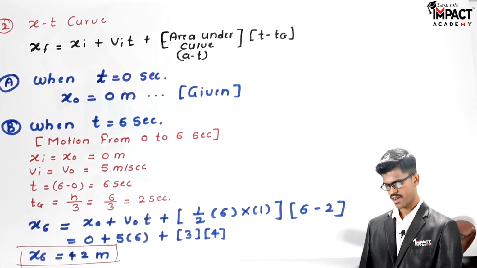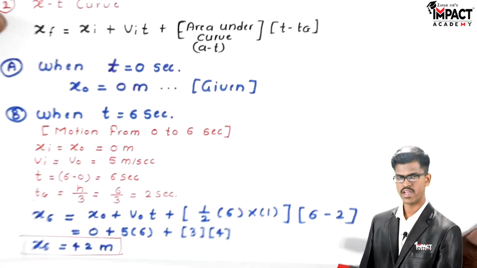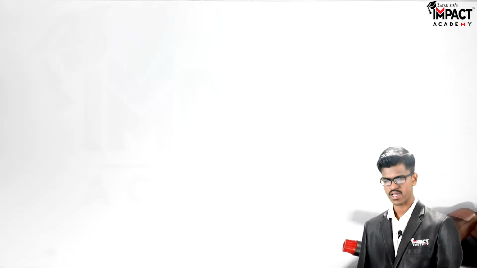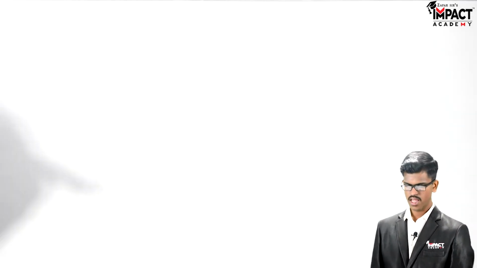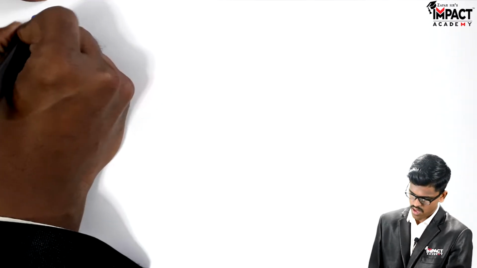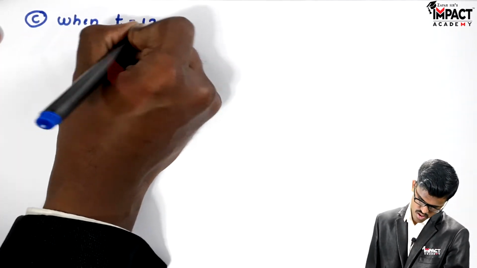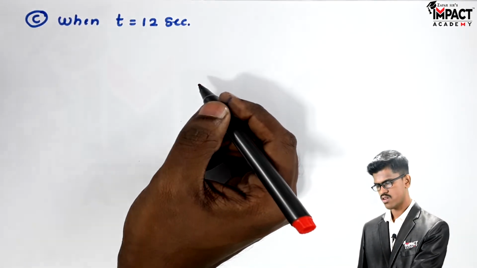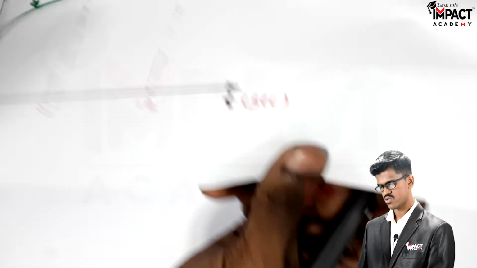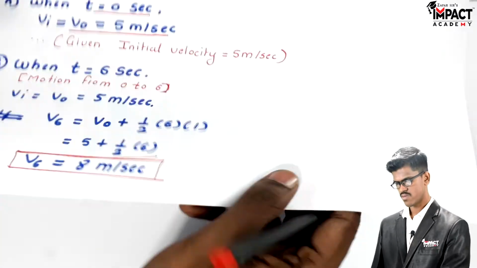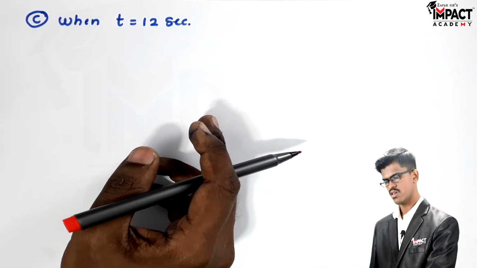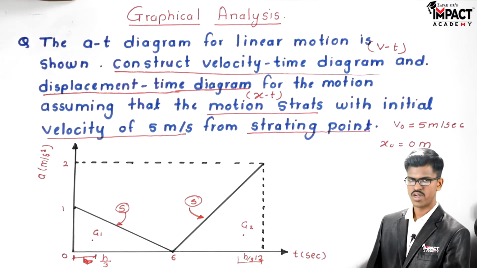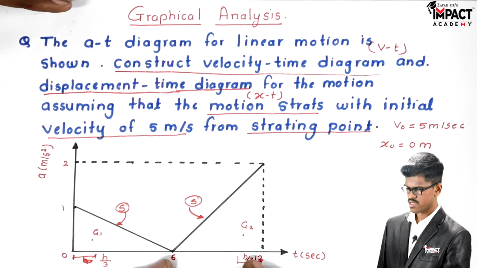Now we find out x12, that is the position of the particle when t is equal to 12 seconds. For x12 we consider motion from 6 to 12.